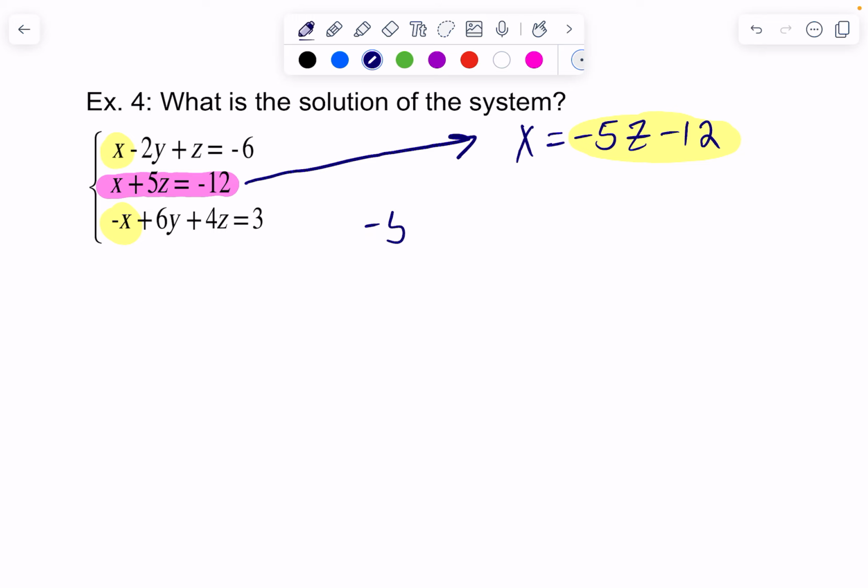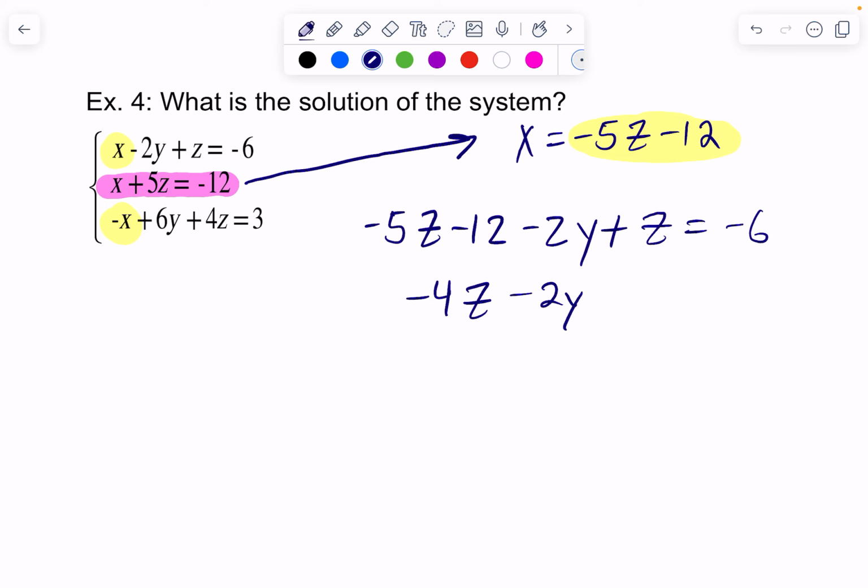So I have negative 5z minus 12 minus 2y plus z equals negative 6. So that's going to be negative 4z minus 2y equals positive 6.